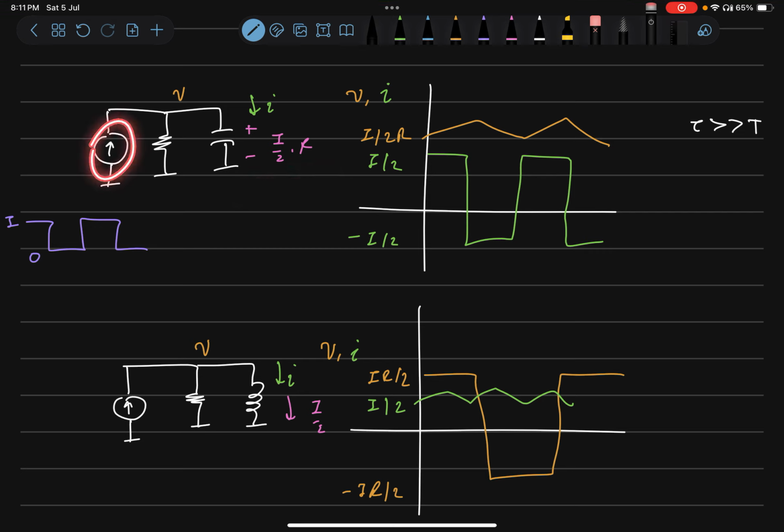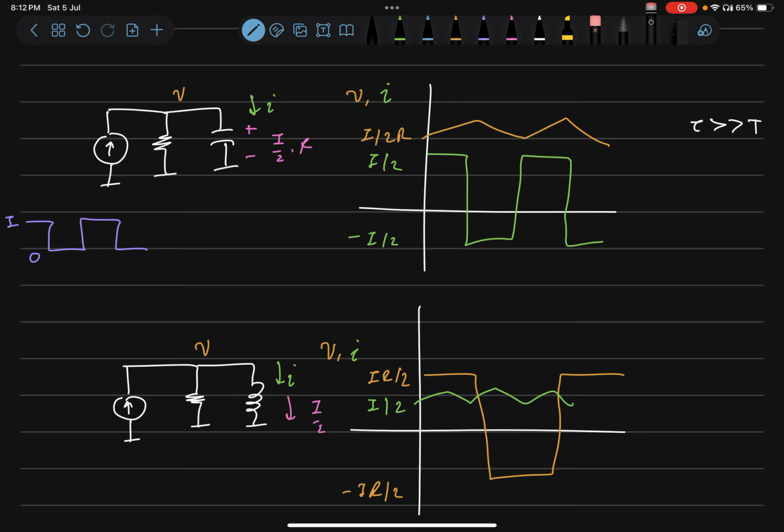Since the average value of the current is I by 2 and the capacitor is an open circuit, all the average I by 2 flows through this resistor, creating an average voltage drop of IR by 2. This voltage drop will remain constant because the voltage across the capacitor ripples around its average value. So this is the voltage waveform at this node in steady state due to the pulse input for tau greater than T.